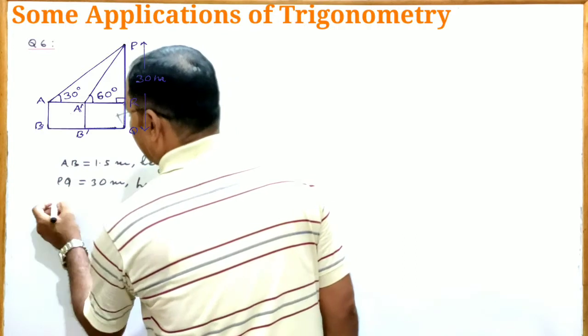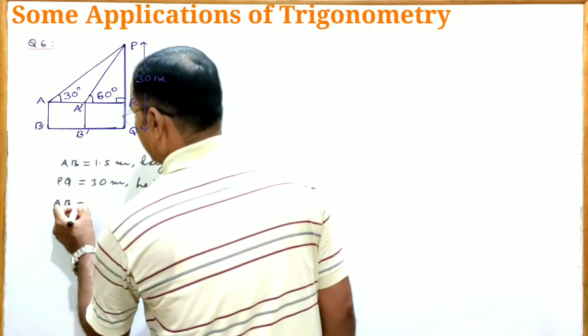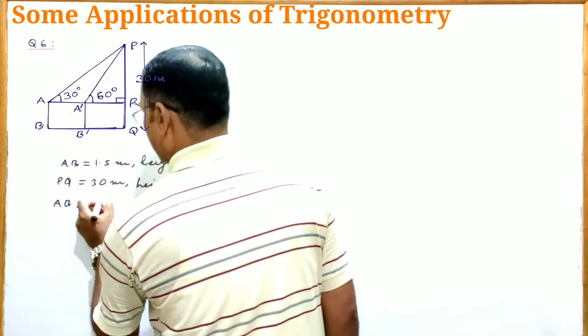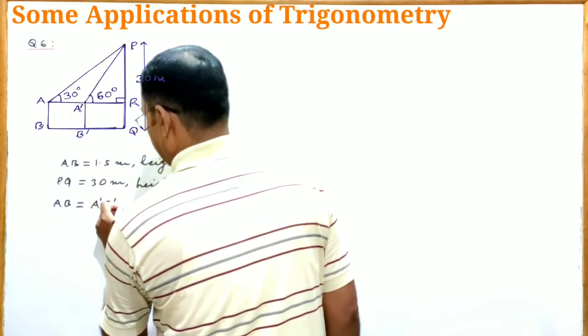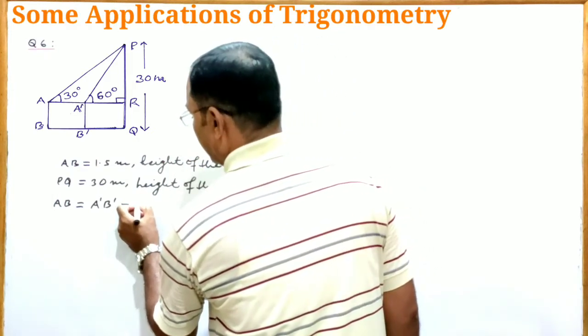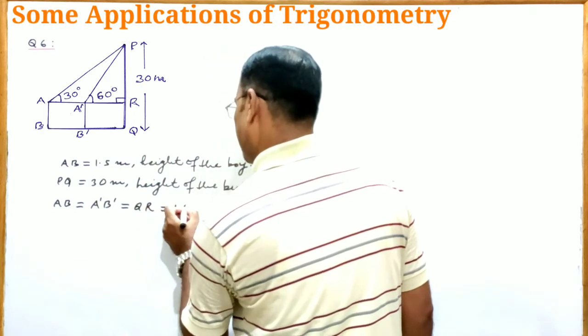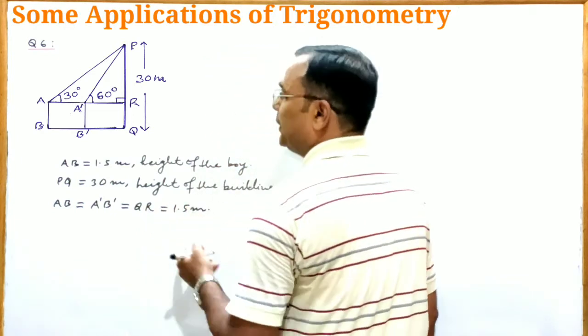AB and A dash B dash are two positions of the boy, so AB we can write down equal to A dash B dash, which will also be equal to QR, and it is equal to 1.5 meter.